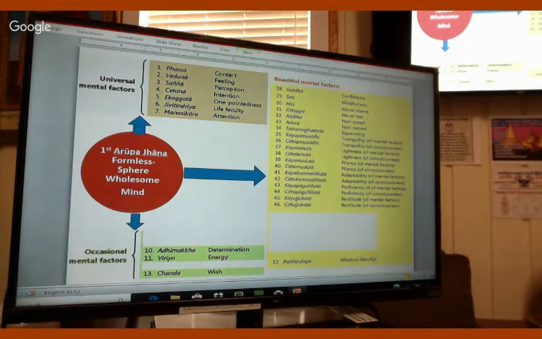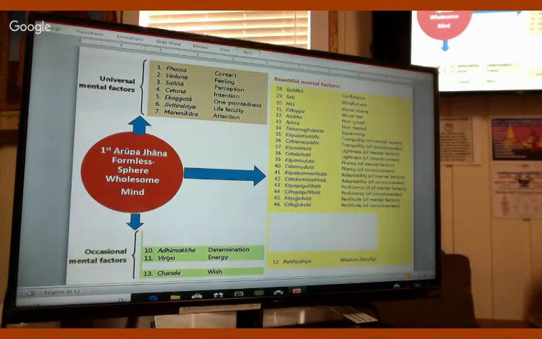One thing, mental factor, can it also be called a characteristic of mind? Yes, they have a characteristic. I mean, the 52 kinds of mental factors, each has an individual characteristic. For example, phassa. Phassa is the meeting of the mind, mental factors, and object, making a meeting. This is the characteristic of phassa, contact.